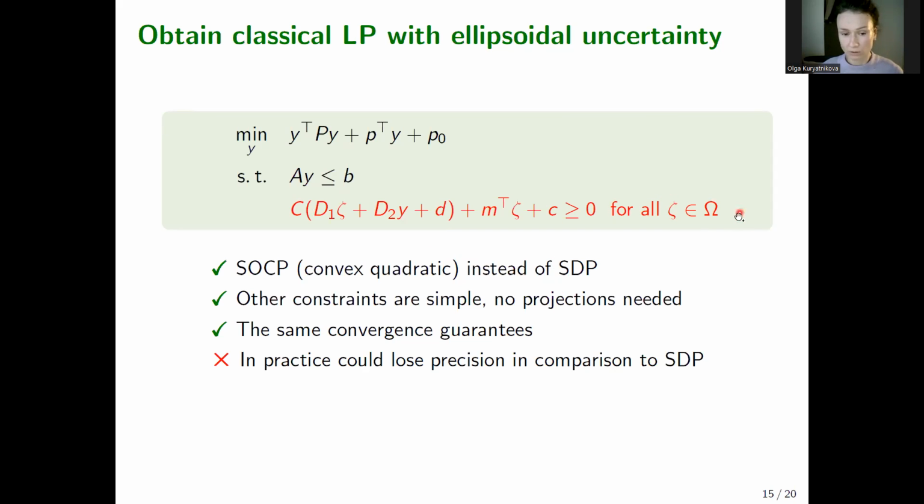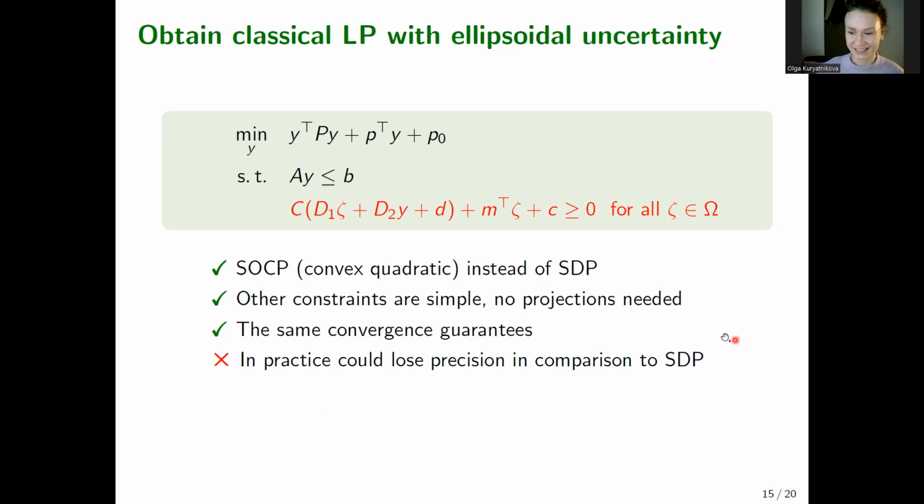If I use ellipsoidal uncertainty, I will get a second-order cone problem instead of an SDP. And I will not need the projection. So basically, by doing this, I eliminate both bottlenecks. And the convergence guarantees are the same, at least in theory. And so our question was, okay, is there anything bad in this approach, or is it really much better than what we did with SDP?